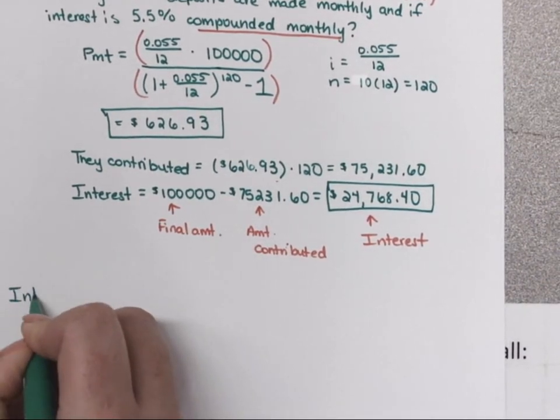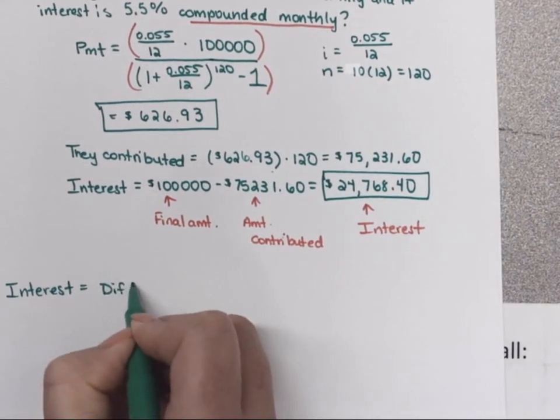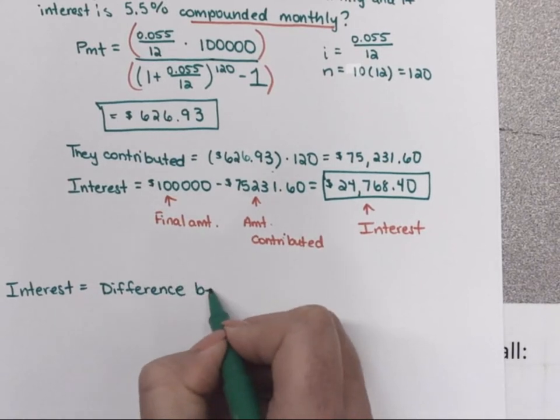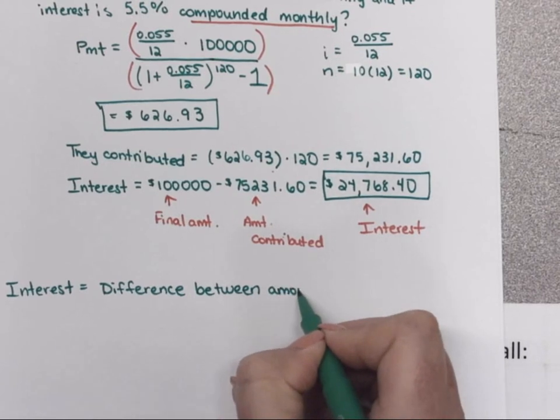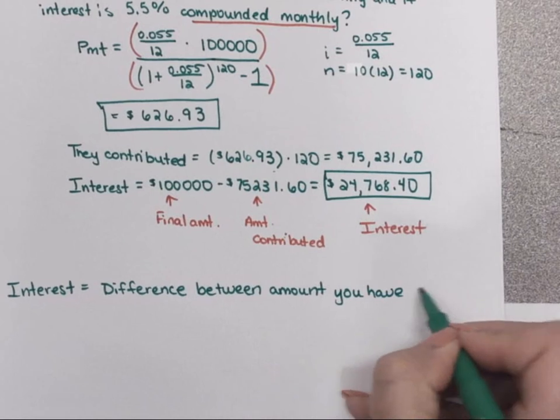Notice that the interest is always the difference between the amount you have and what you contributed. So if there's extra in the account, that extra must have been the what? Must have been the interest.